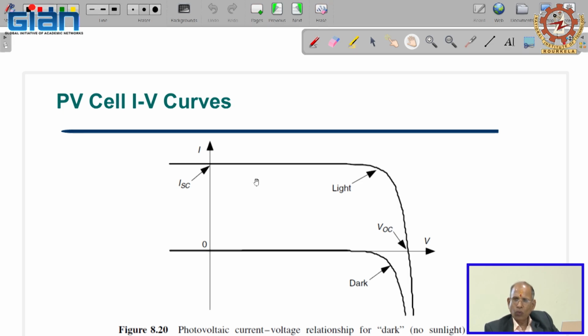Now you will not have just one IV characteristic, but depending upon the change of the insolation level, this can become 50% here, or dark here, so you can have a number of IV characteristics for the PV system.